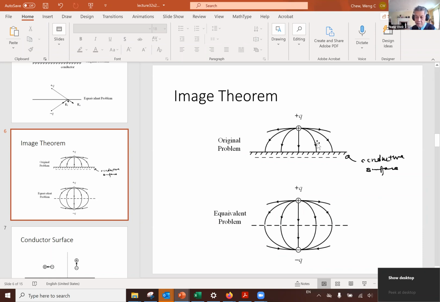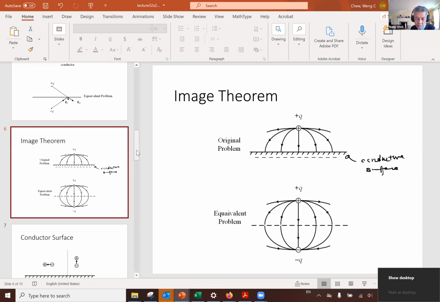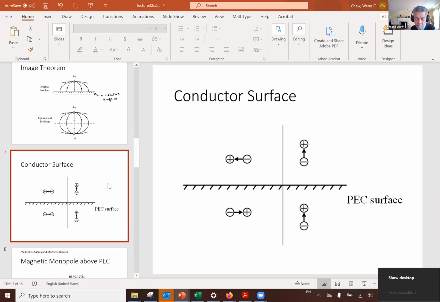Because by the principle of linear superposition, the electric field produced by the two charges would cancel on this plane. Okay, so this is the simple use of the image theorem to find a closed form solution due to a point charge on top of a layered medium, or not a layered medium, just a conductive half space. Then we go to the case of a dipole.